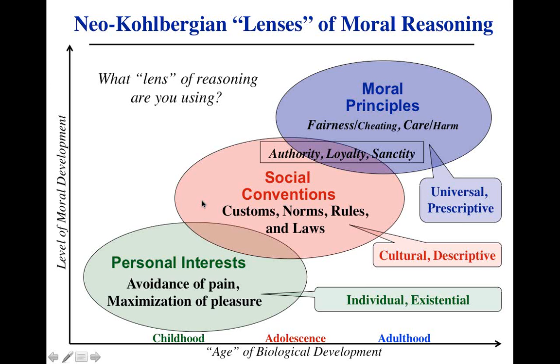They're meant to be universal and prescriptive, and they concern fairness, harm versus care, and also, from Haidt's perspective, loyalty, authority, and sanctity. These are the moral domain. And we ultimately can expect students to be able to comfortably reason with principles, personal interests, and social conventions.